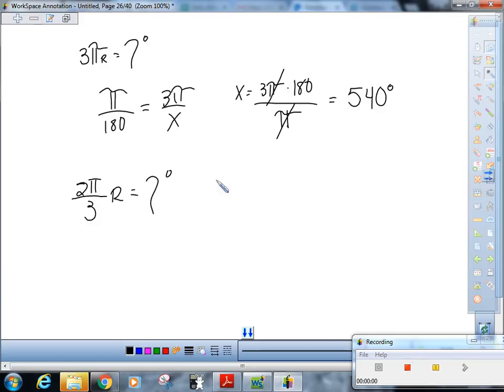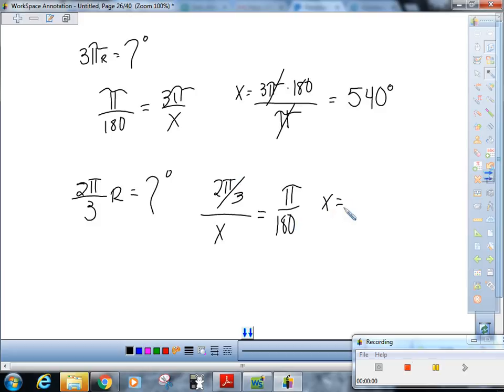Okay? So 2 pi over 3 is to x like, not 180 is to pi on this one. I just got to make sure I stay consistent. So here I have radians over degrees equals radians over degrees.